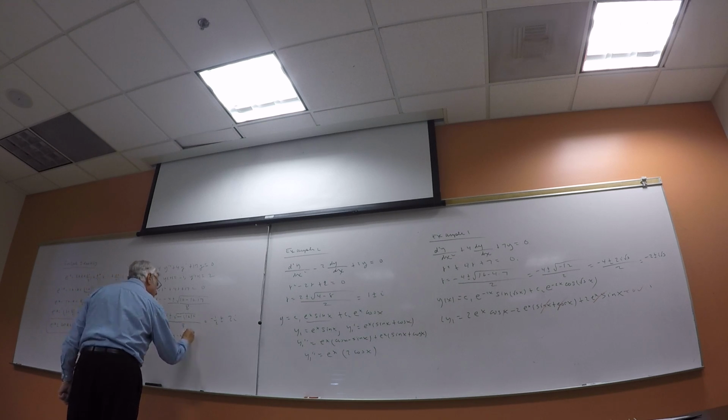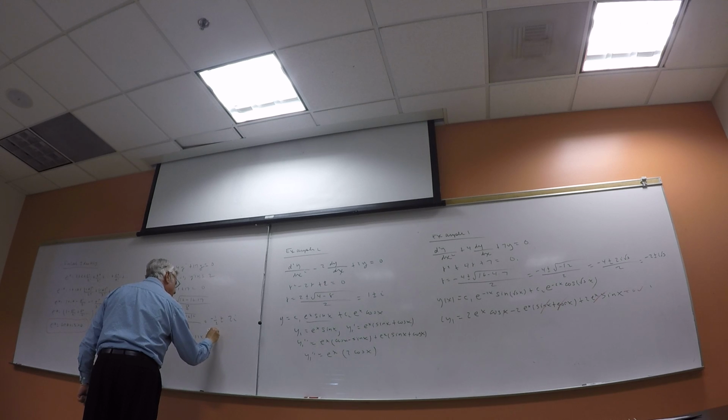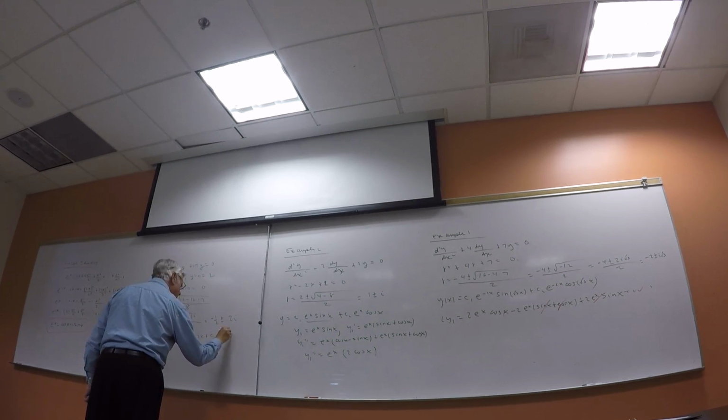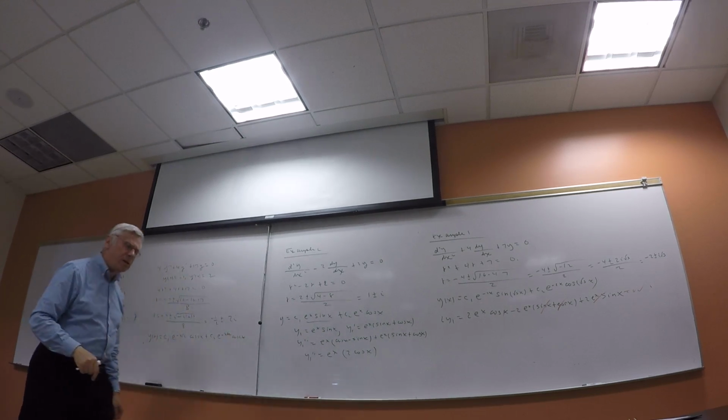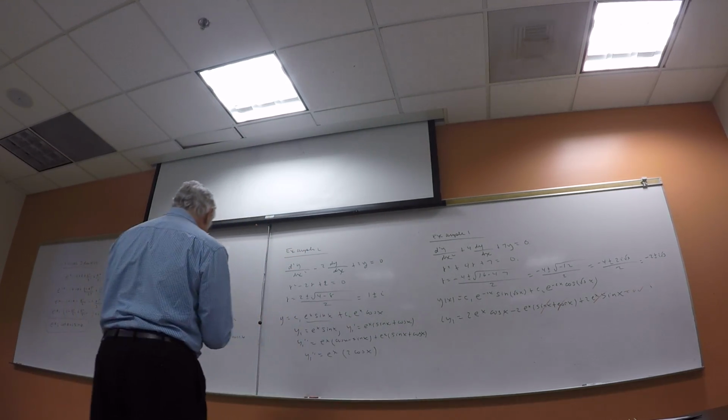So the general solution, y of x, would be C1 e to the minus x over 2 cosine 2x plus another constant, e to the minus x over 2, sine 2x. Since we have to differentiate, I think we should probably simplify this somewhat.